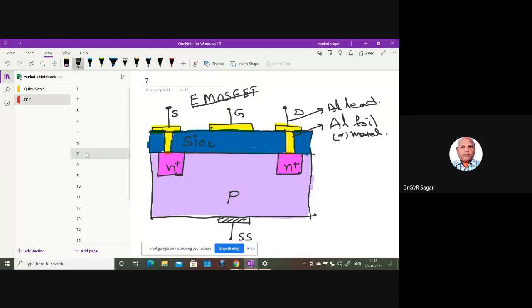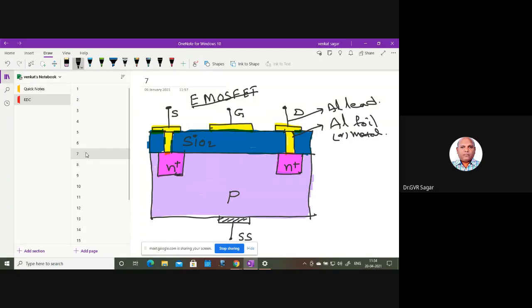After doping, we use aluminum metal contacts. The aluminum metal contacts are inserted into the two N plus regions, and these two aluminum rods are taken out. One acts as the source and the other acts as the drain.